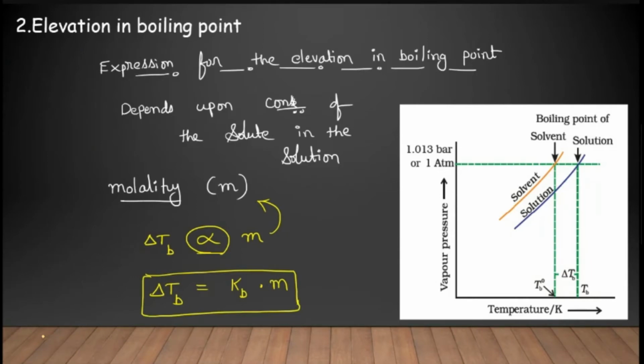So here, KB is a constant. So I'll write here delta TB is equal to KB into m. So delta TB, you know that, is the elevation in boiling point.